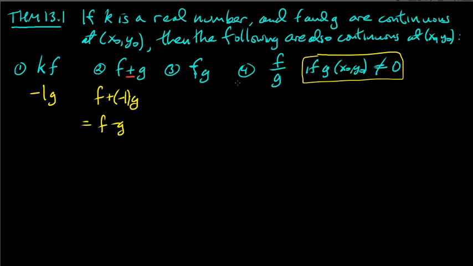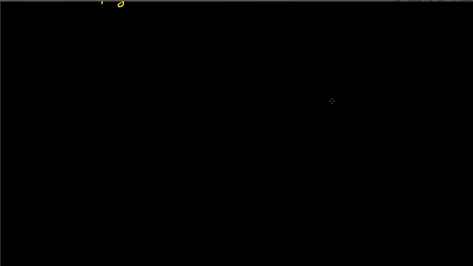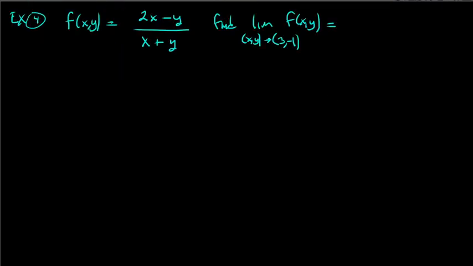And so we use these all the time, probably without even realizing it. So here's an example. Okay, so our function, again a function of two variables, x and y, is just 2x minus y over x plus y. So this is a quotient of two functions, and you should recognize 2x minus y is continuous.